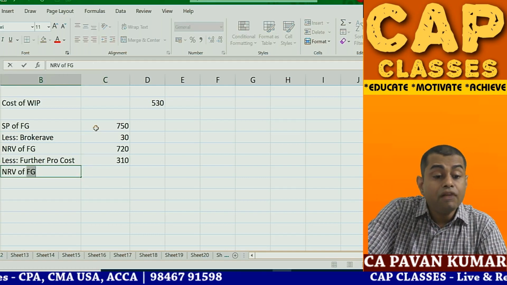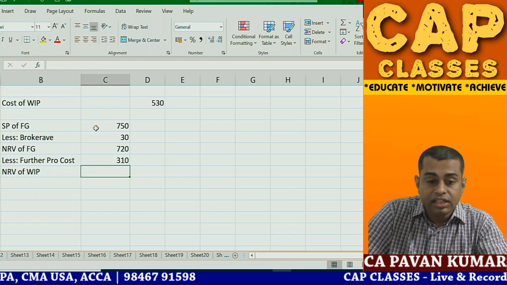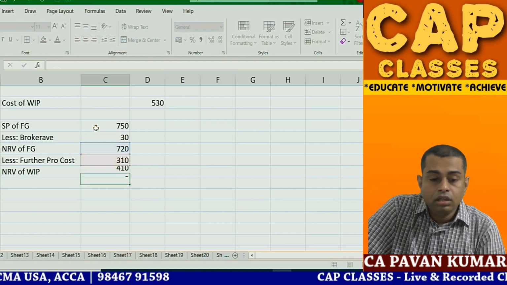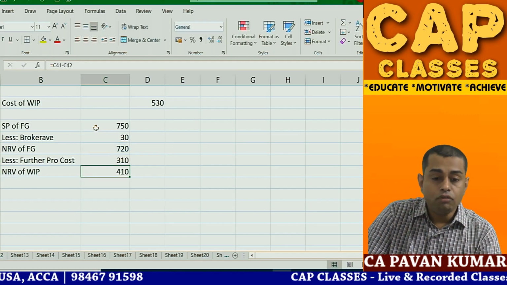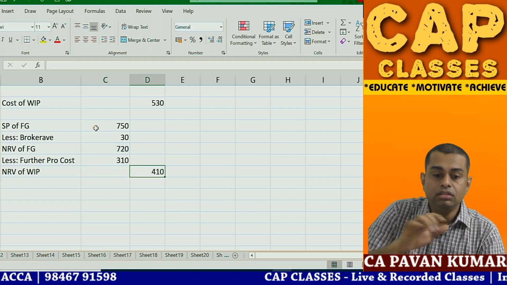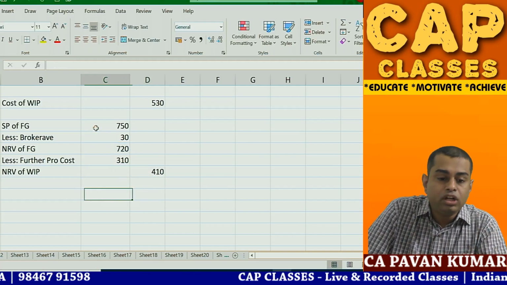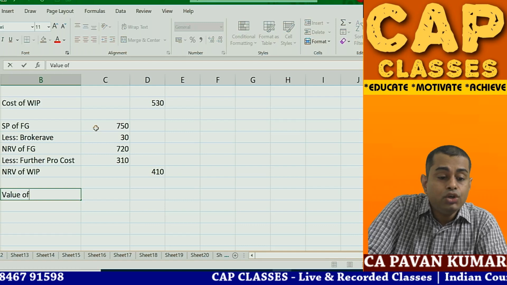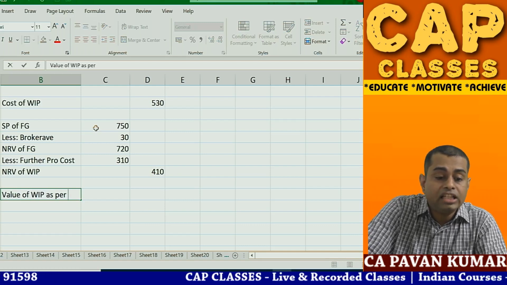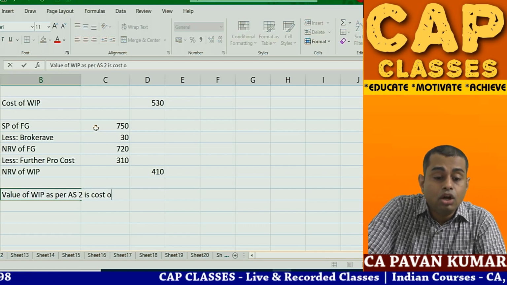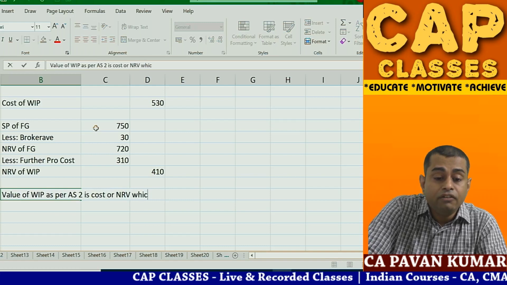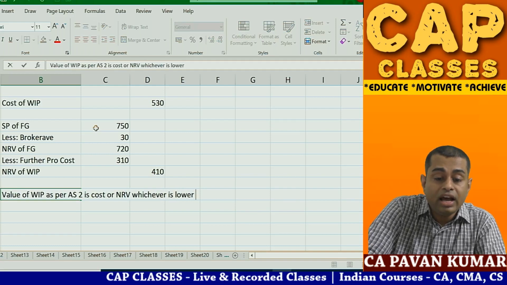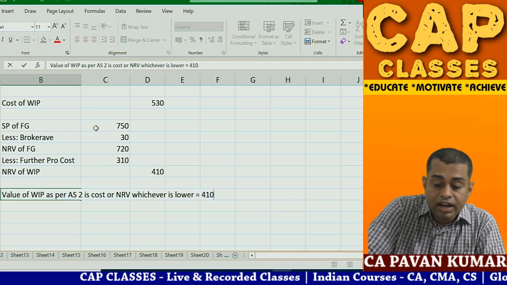Therefore NRV of work in progress is 410. So what is the cost of work in progress? 530. What is the NRV of work in progress? 410. So value of work in progress as per AS 2 is cost or NRV, whichever is lower, that is 410.